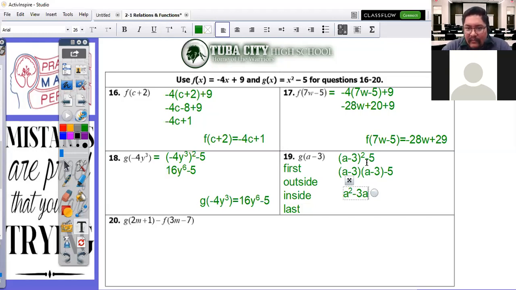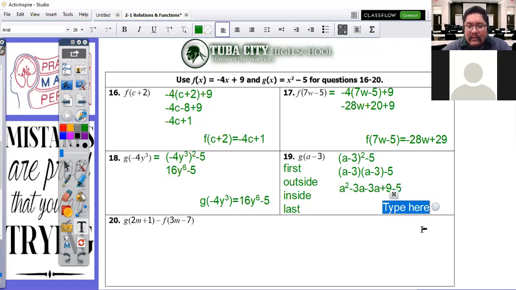And then the inside numbers, the two numbers in each group that are closest to each other, which in this case is also negative 3 times a. And the last numbers, the last number in this group and the last number in that group, so negative 3 times negative 3, which is positive 9. Now again, I can't completely ignore that 5.